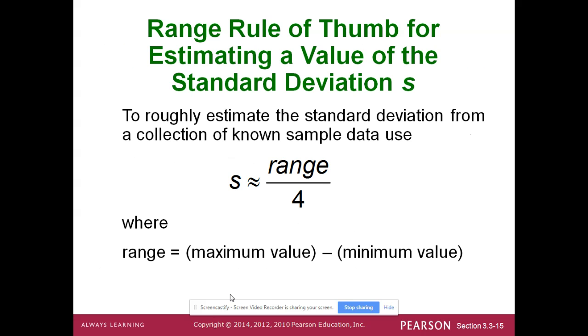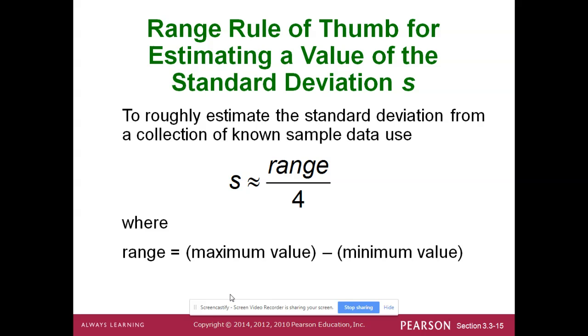All right. We can roughly estimate the standard deviation. It's not going to be exactly right, but we can take the range and divide it by 4, and that'll give us a rough estimate of what the standard deviation is going to be for a sample.